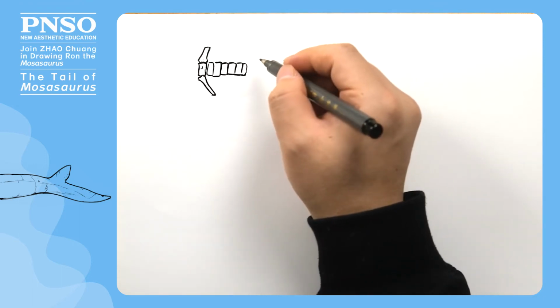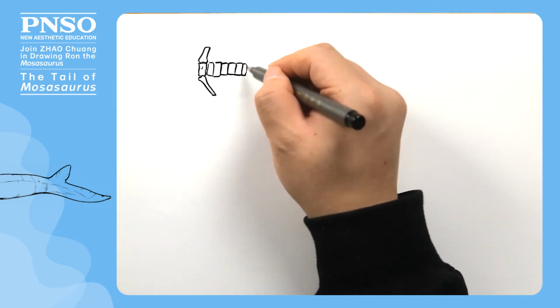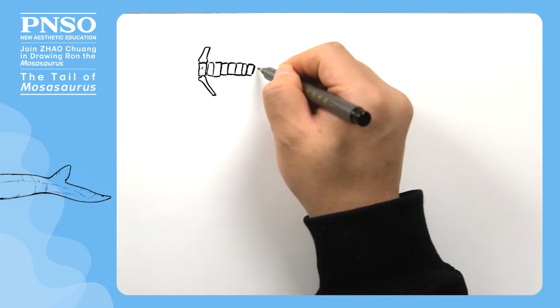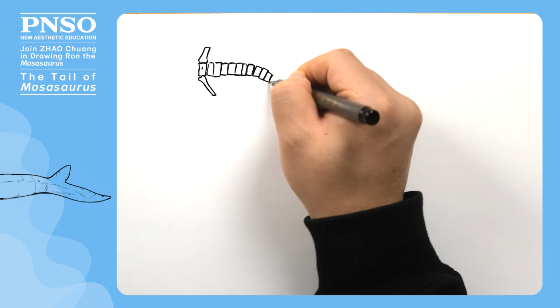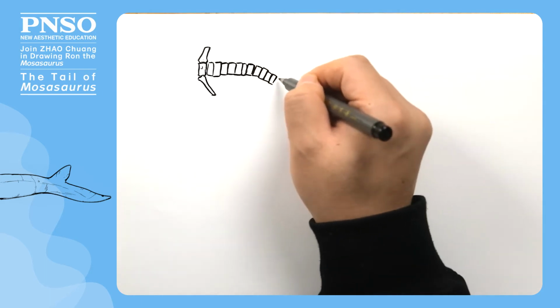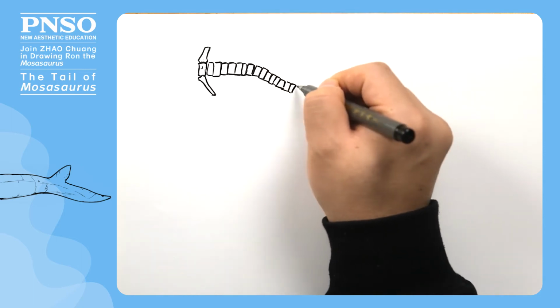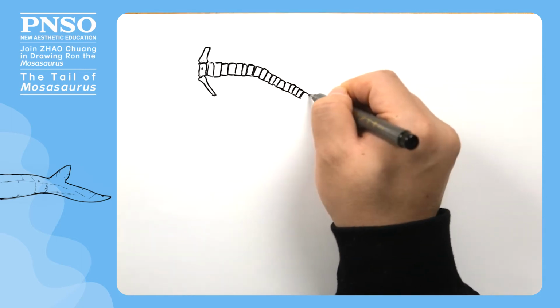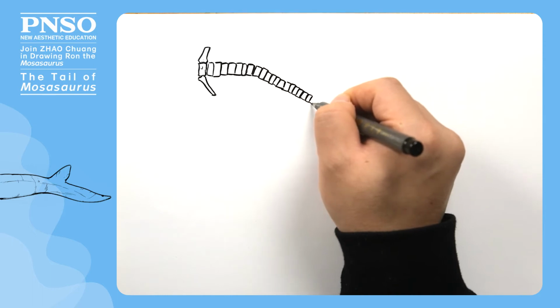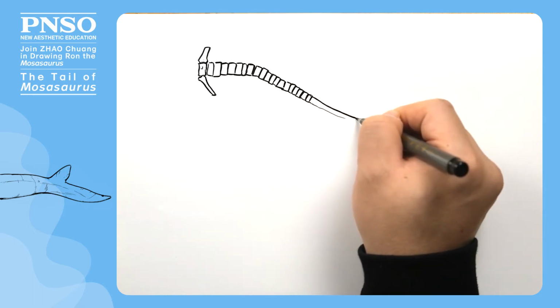The tail of Mosasaurus and other mosasaurs had an important feature, that was their tail curved downward at a certain point. Different species showed different degree of bending. I'll not draw the following bones one by one.